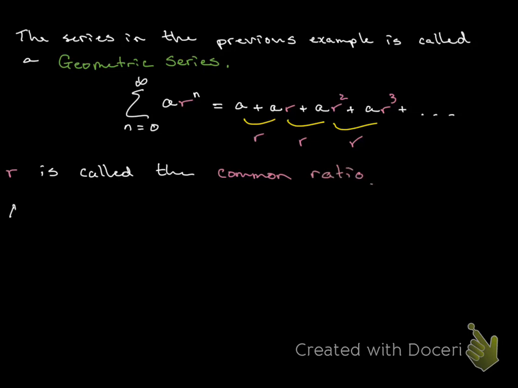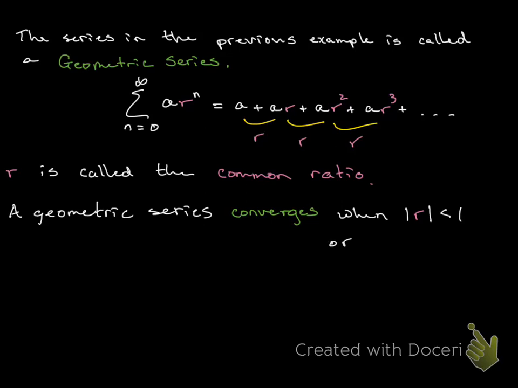Basically, what we'll be able to determine is that a geometric series converges, approaches a number, and I'm not going to prove this, when the absolute value of the common ratio is less than 1. The reason that makes some sense is that as I continue further out in my series, I'm raising this common ratio to higher and higher powers.